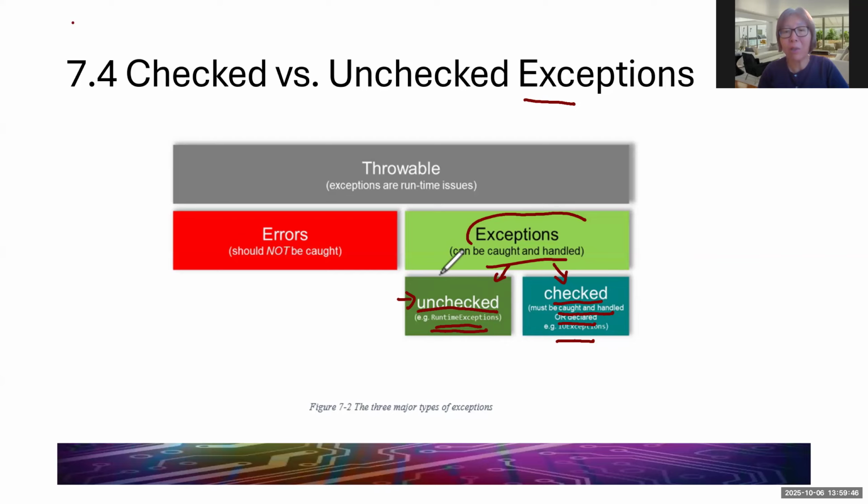We don't need the try-catch block, so even the try-catch block is not mandatory. It's just that the exception can disrupt the program flow. But for checked, if we don't provide a way to handle or declare it, our program won't compile, and if it doesn't compile, you cannot run it. So that's the difference between these two types of exceptions.